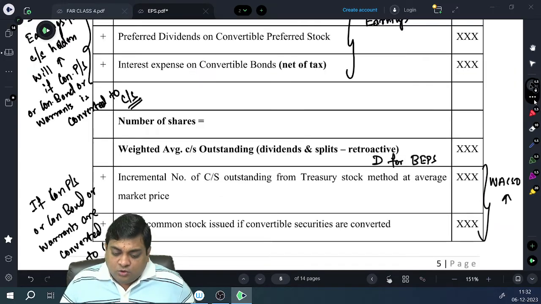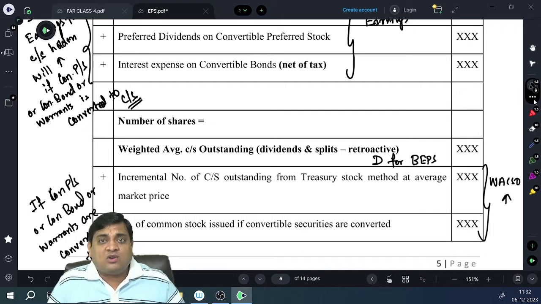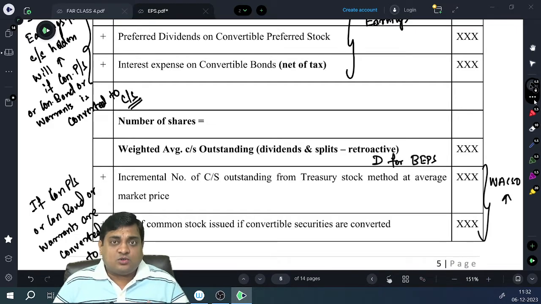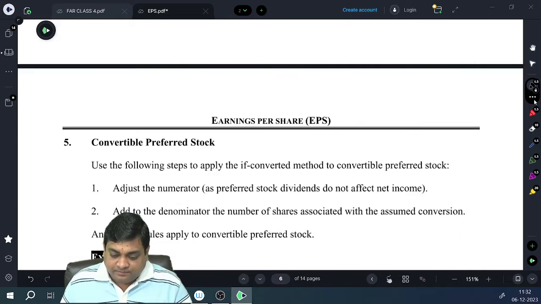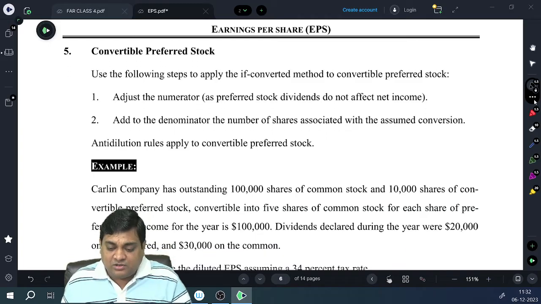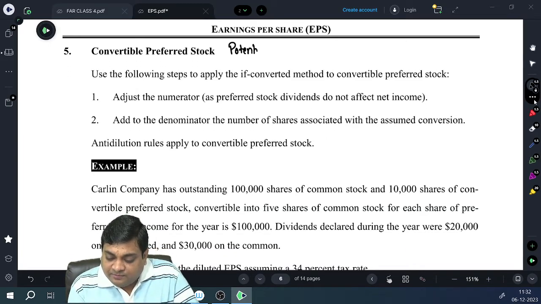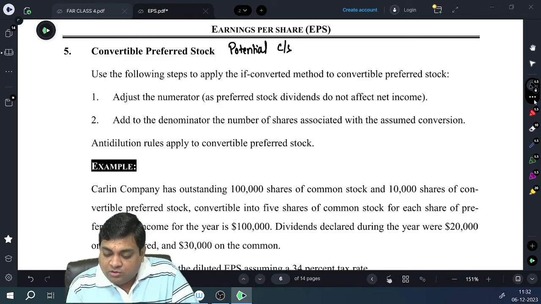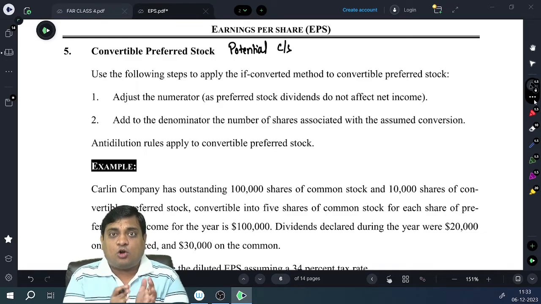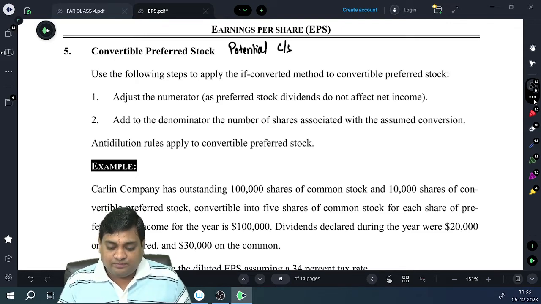Right? So we'll be looking at all the potential common stock one after another. First, let us go for preferred stock dividend. Convertible preferred stock is one of the potential equity shares. This is potential common stock. It is not common stock as of now, but in future it will be converted into common stock, right?